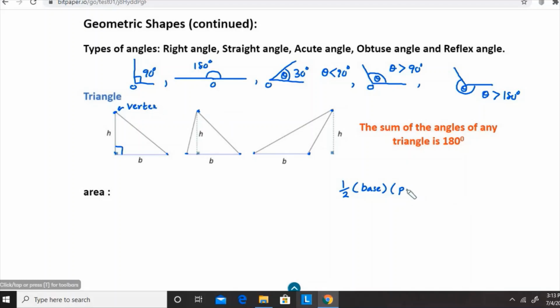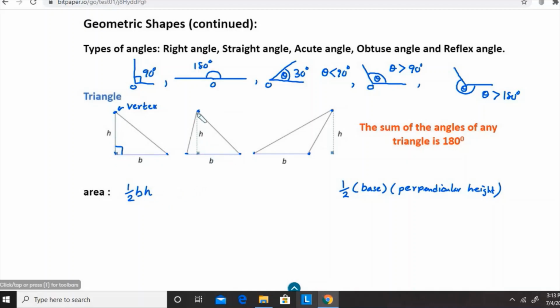Okay, so perpendicular height, or simply 1/2 base multiplied by height. If we use that for this 90-degree angle, the right angle triangle, we get 1/2 base, given as b, and the vertical height is this one, h.